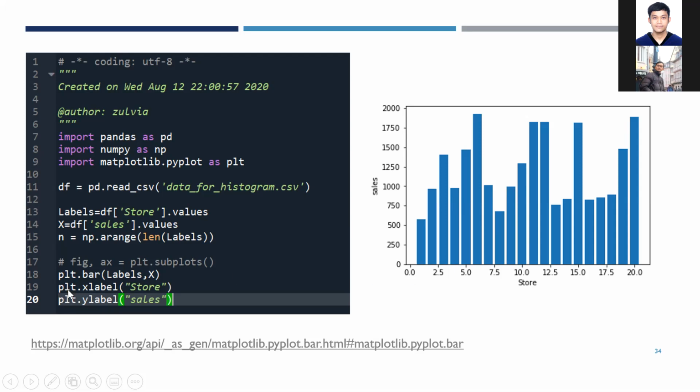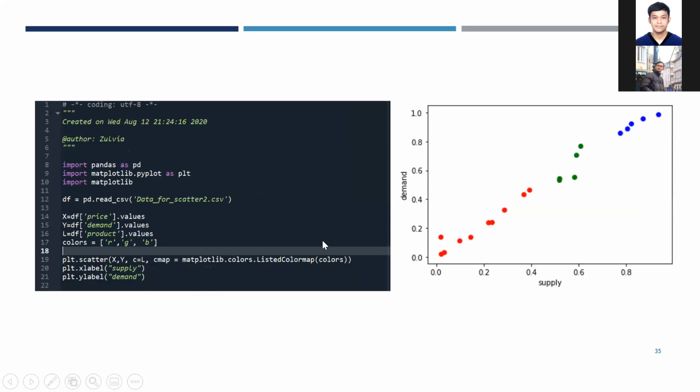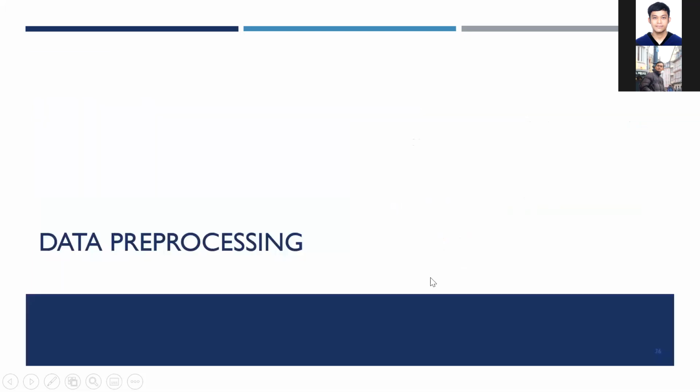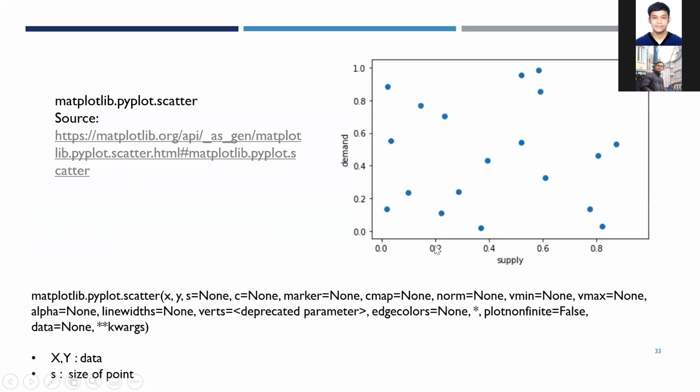Here, only on line 18 we can use bar. And this one, if we want to combine a scatter plot with different colors representing different classes, we can combine them. I also learned this by myself because it's not really complex.